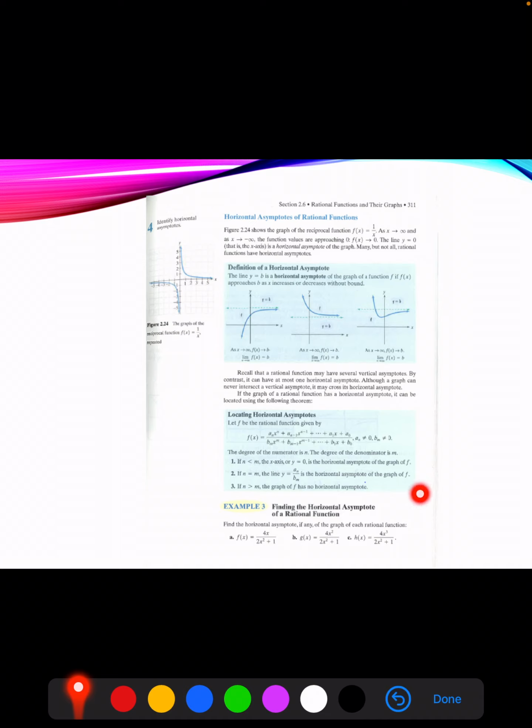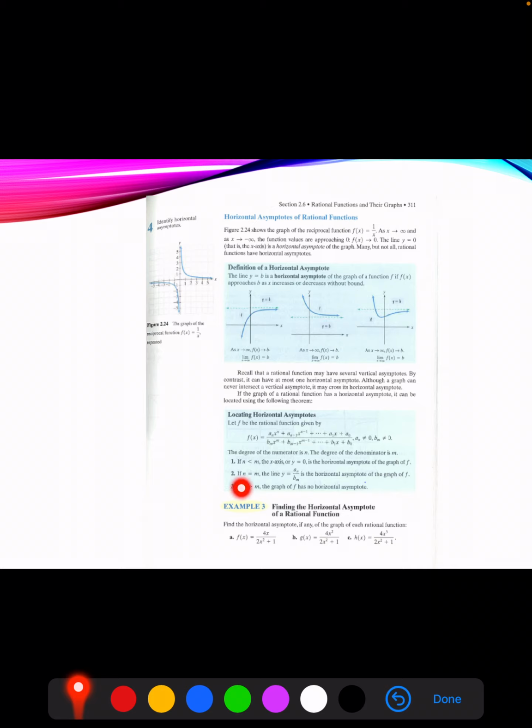And this right here, the horizontal asymptote, when n is less than m, where's n and where's m? n is your numerator degree, m is the denominator degree. And so when n is less than m, the x-axis, or y equals 0, is the horizontal asymptote.